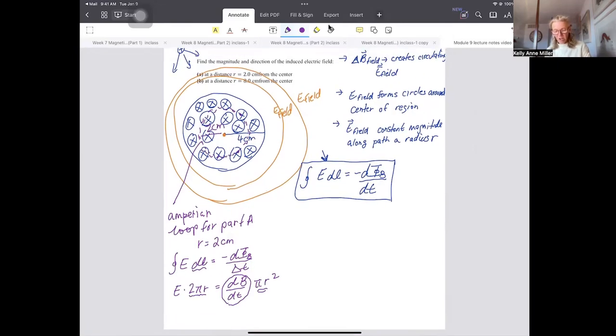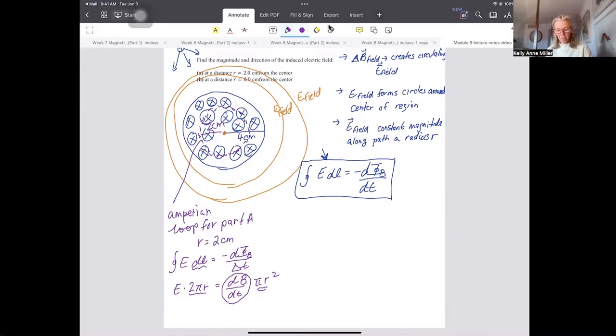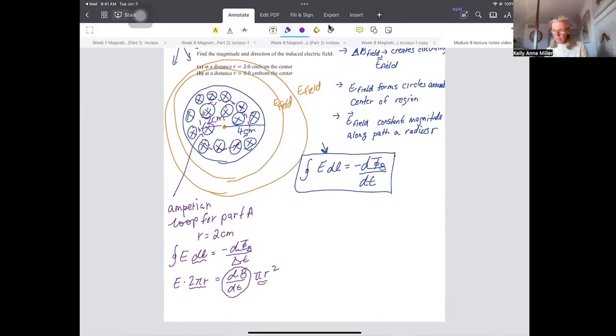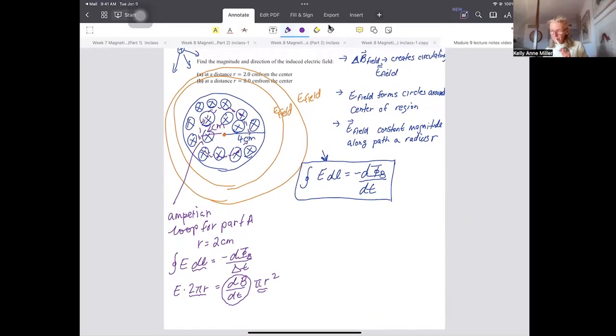So the change in flux comes from the B field part, not the area. Now I can just do the math. I'm going to isolate E. So E is dB dt times pi r squared divided by 2 pi r.